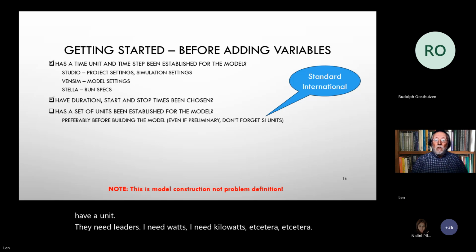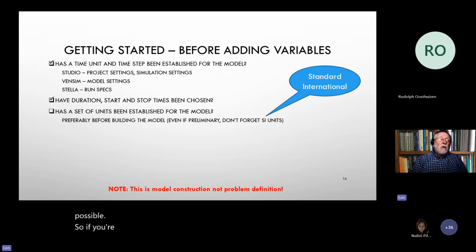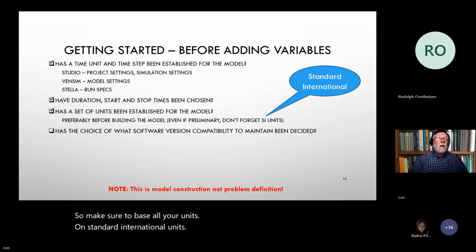And we suggest using standard international units as much as possible. So if you're in the UK or the United States, gee, we don't use meters and liters. So make sure to base all your units on standard international units. Got it. Is there an issue with software compatibility?